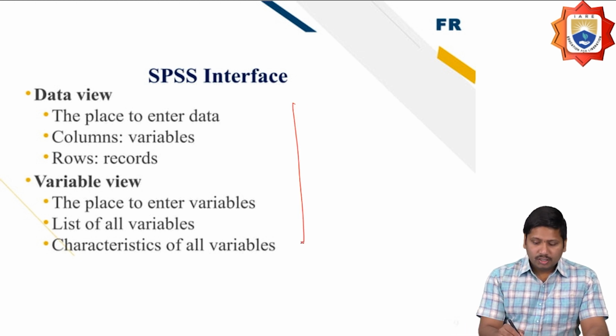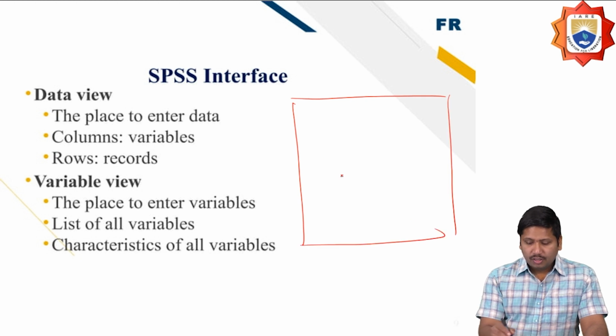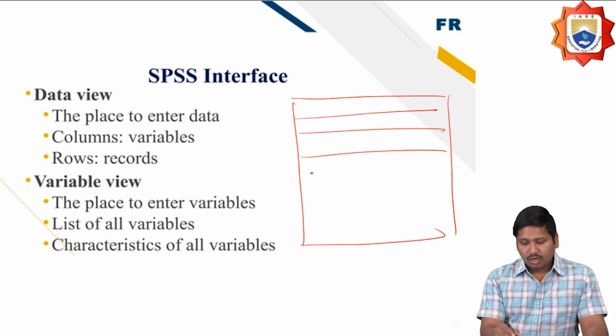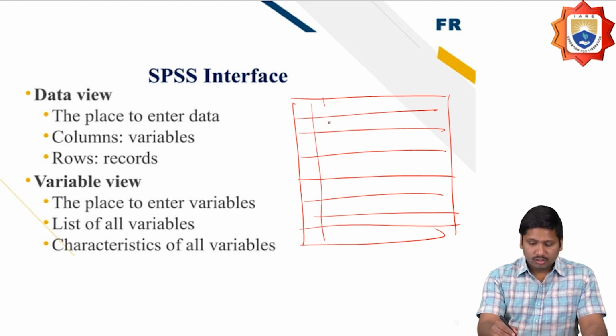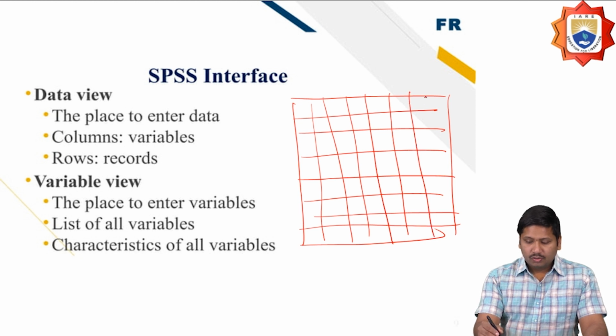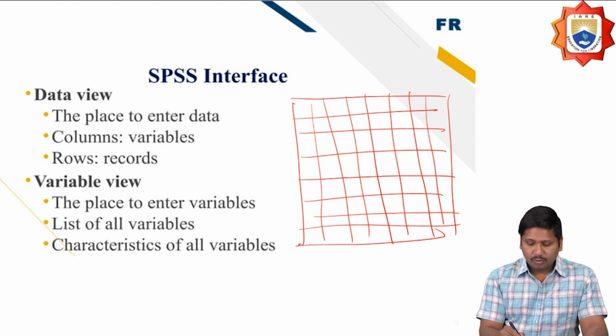Normally, the SPSS interface has two types of views. Almost all of this SPSS interface looks like an Excel form, where two types of views are arranged. One is the data view, and the second is the variable view.